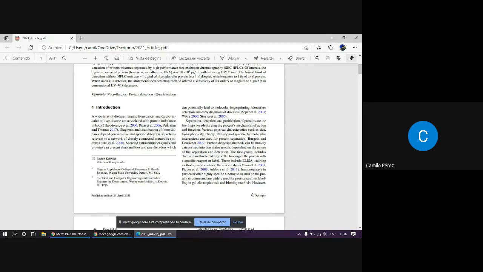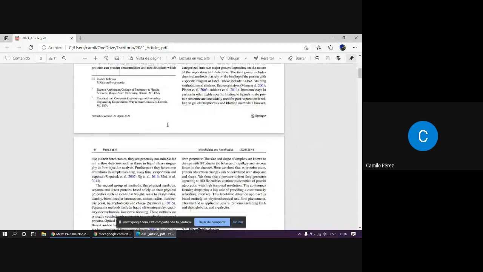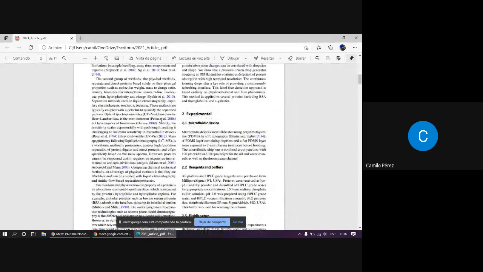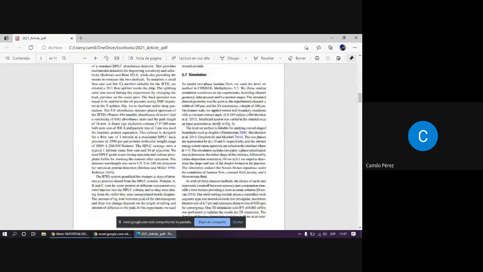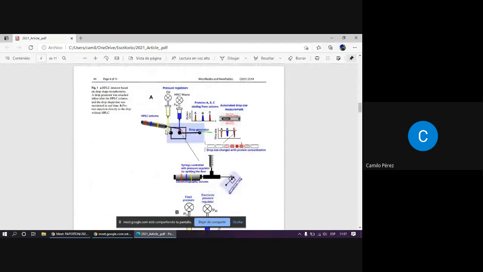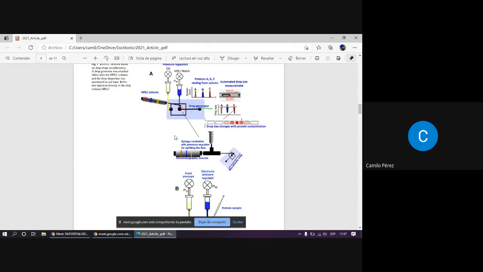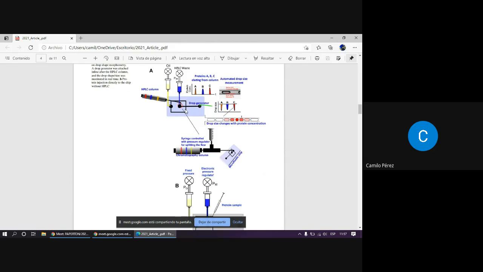Okay, but in this case, they propose a new method with droplets, and with the shape and the weight they classify the proteins. In the first figure, they use a first fluid and HPLC techniques, but after that they make droplets with microfluidics techniques.